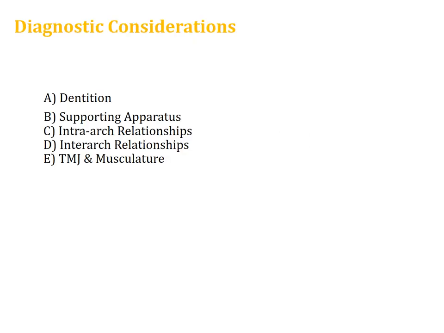Then you have to diagnose the remaining dentition, the supporting tissues, and the interarch relationship. What kind of relationship is it? Is it a class 1, class 2, class 3? The interarch space, and you have to assess the temporomandibular joint and the musculature for any temporomandibular disorders or any trauma.